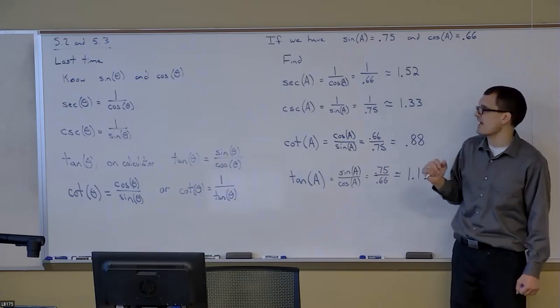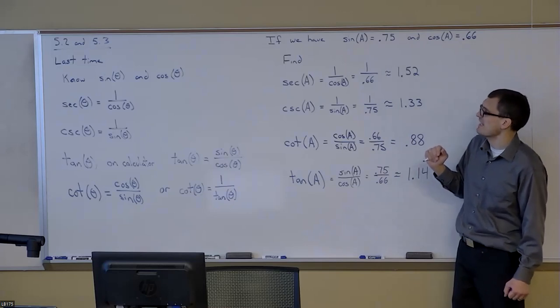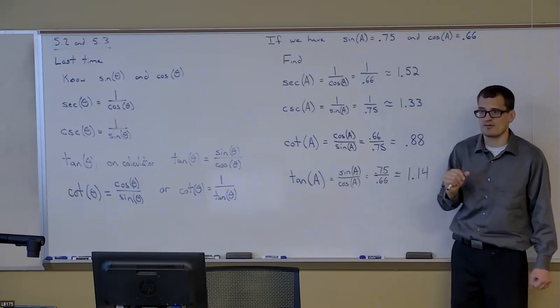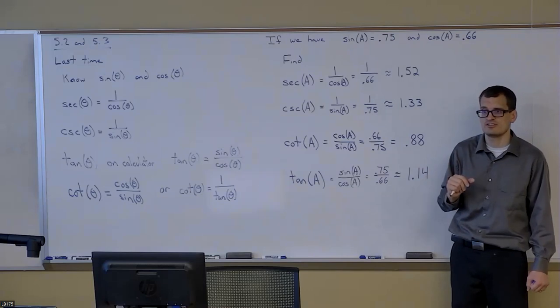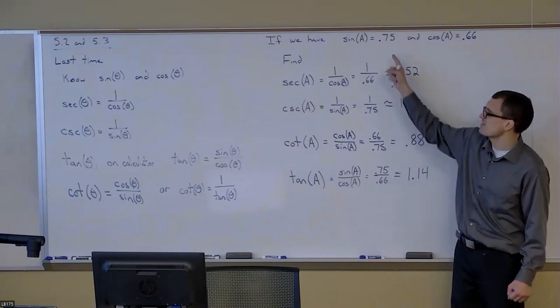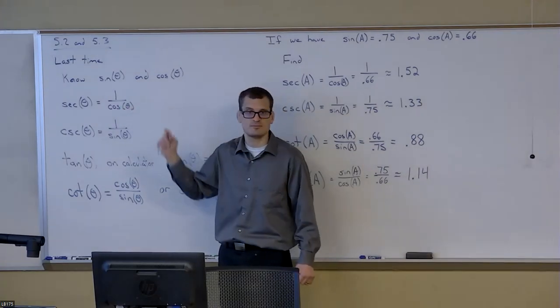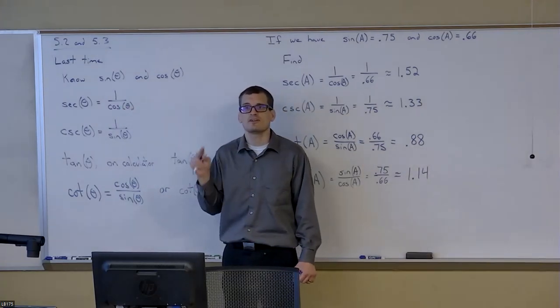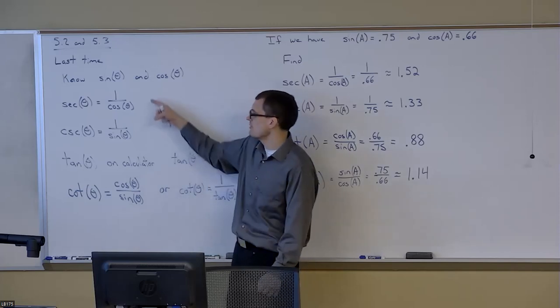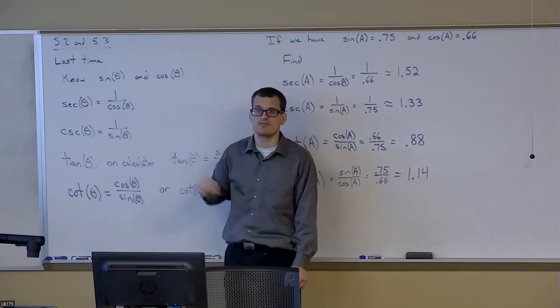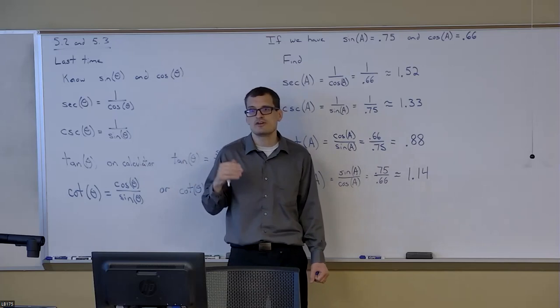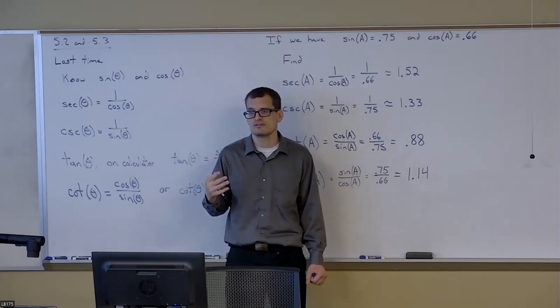If you have sine and tangent, you can make it work. If you have cosine and tangent, you can make it work. You can't have sine and cosecant. You can't have cosine and secant. But a lot of other combinations of knowing 2 out of the 6 trig functions can generate your other 4. Does that make sense?